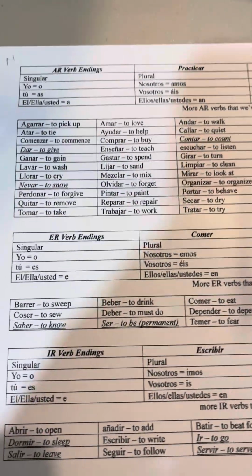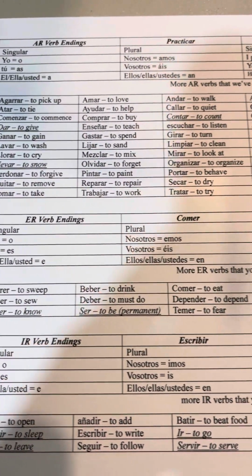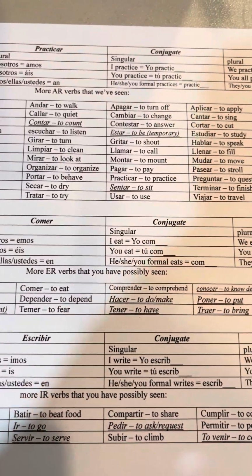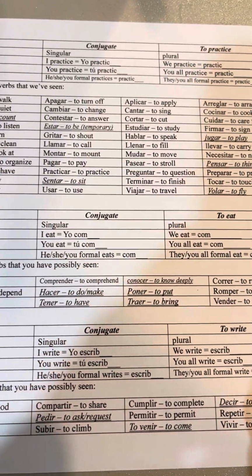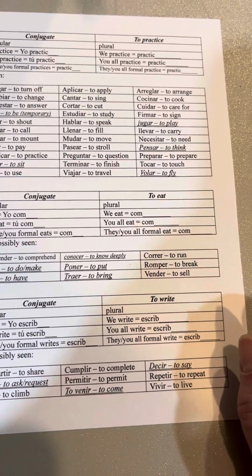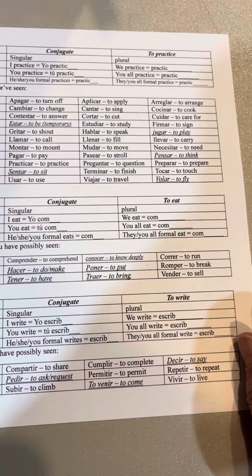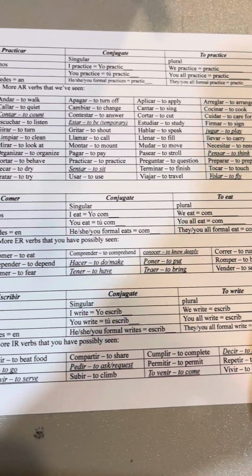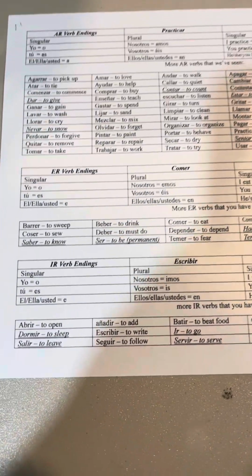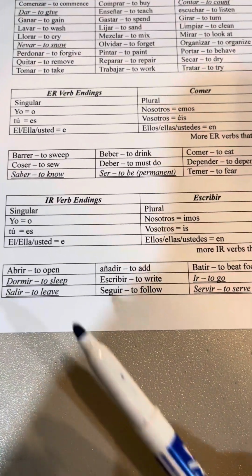So here we have a lot of verbs that we have either heard or we've gone over in class, and you might recognize a lot of them. And so if you would like one of these sheets, you can request one, or you can attend class and get one. But now we're going to look at the ER verbs, okay?